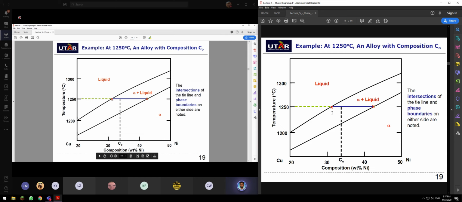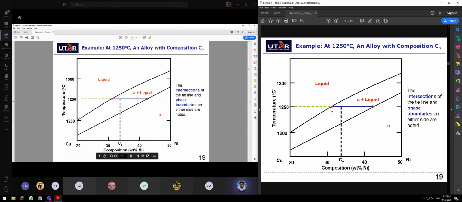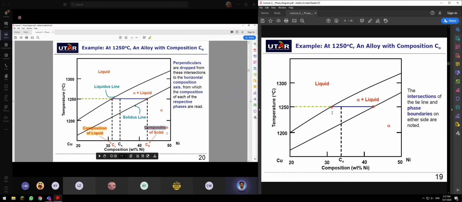So when you draw a line here, this is the composition of the liquid, CL. Here, you draw a line straight. This is the composition of the solid, CS.